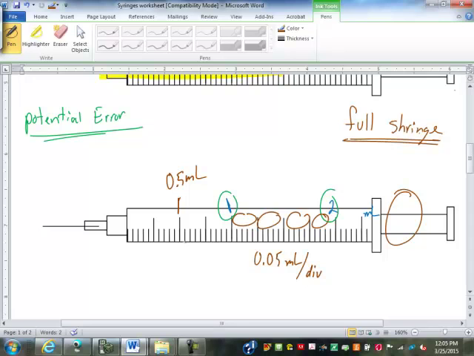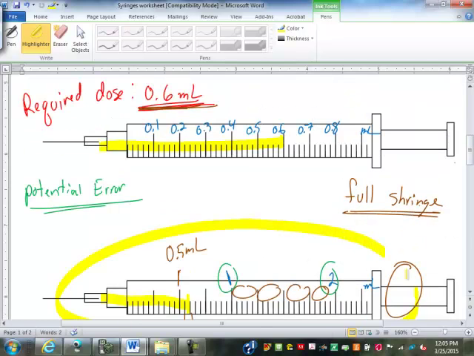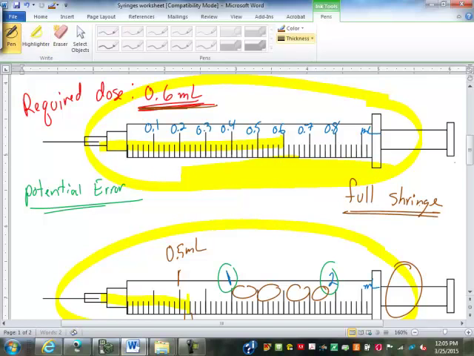Going up from there, we've got 0.55 and 0.60 milliliters. So we would fill it to that point. And again, you can see this syringe here is only about a quarter full, while this one here is about 2/3 full. This is a much more precise dosage.